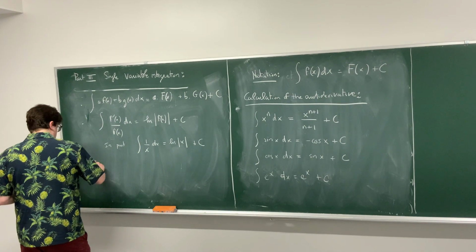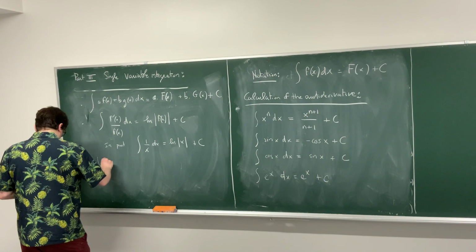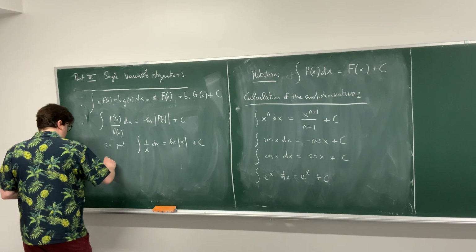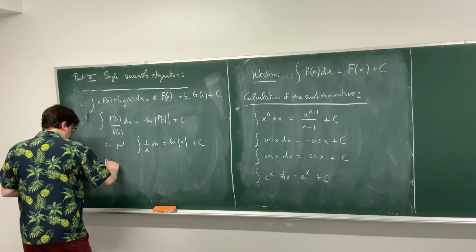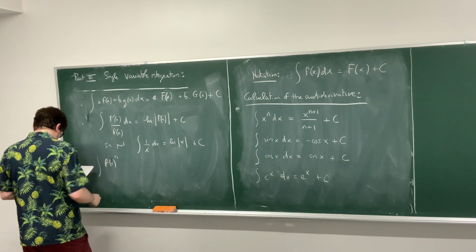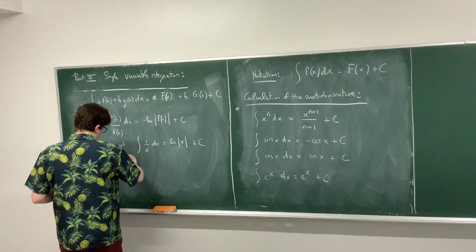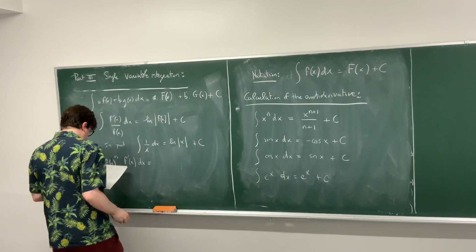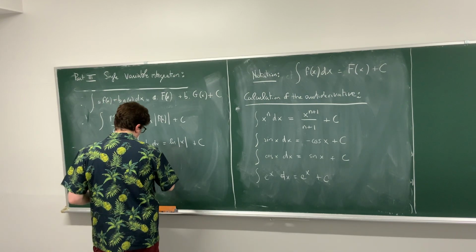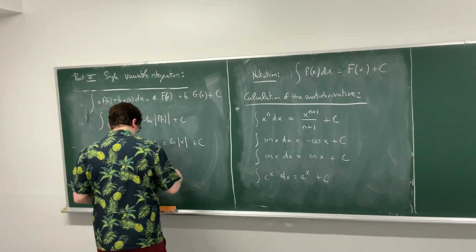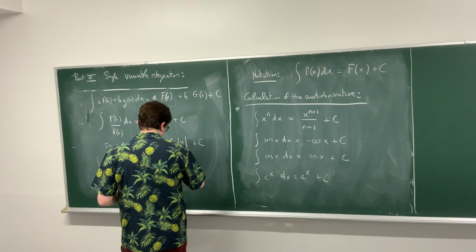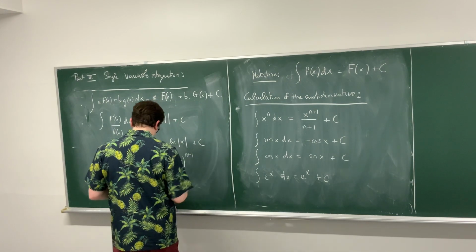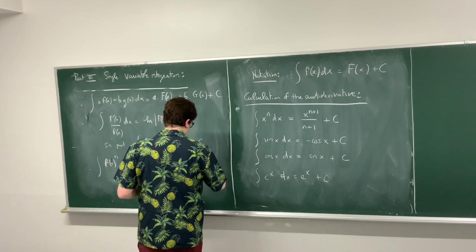And the integral of f of x to the power n times f prime of x dx will be equal to 1 over n plus 1 times f of x to the power n plus 1, plus c.